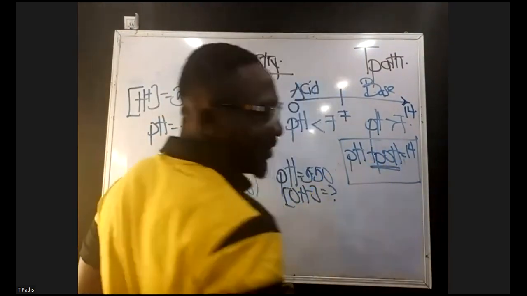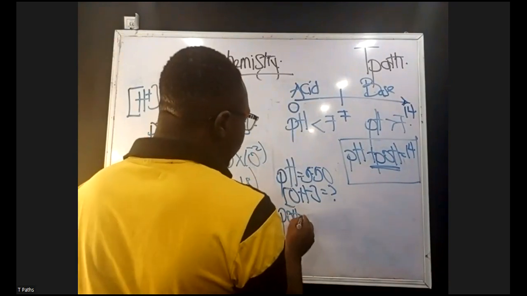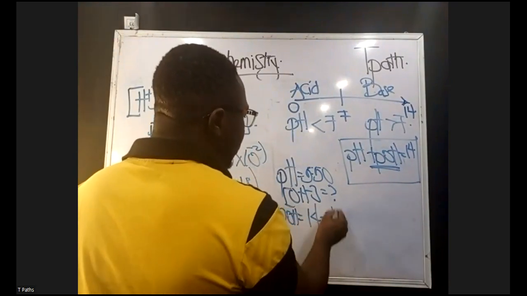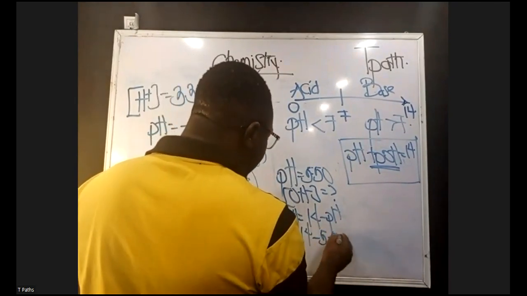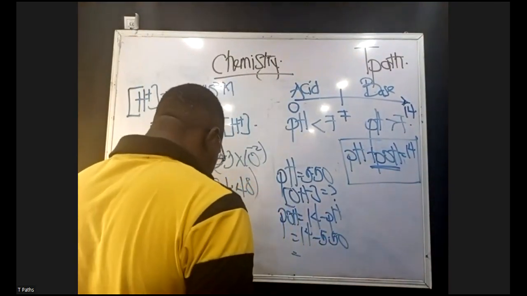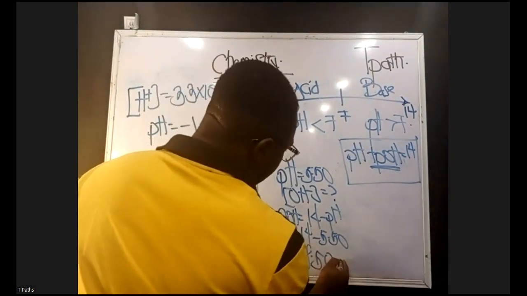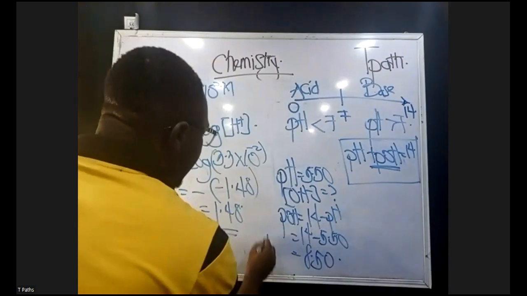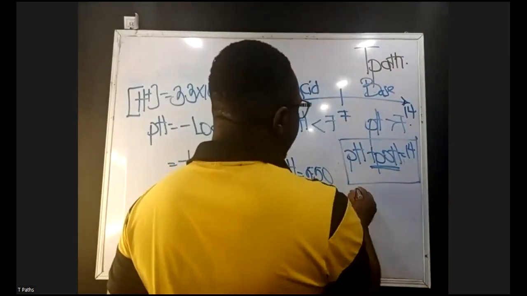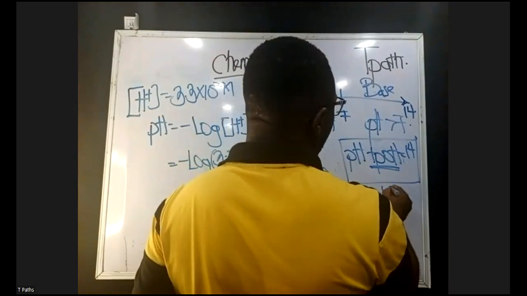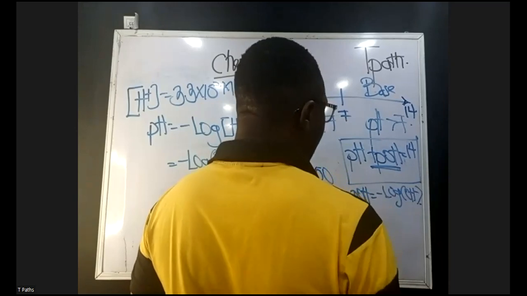So we can say that pOH is equal to 14 minus pH. So 14 minus 5.50 gives us 8.50. So this is the pOH. But we recall that pOH is equal to minus log OH minus. So we can do the simple math.